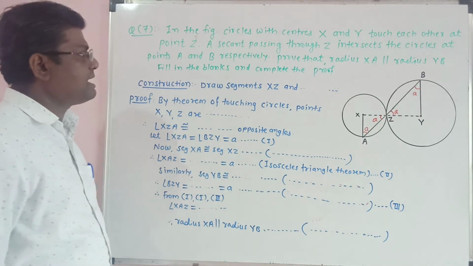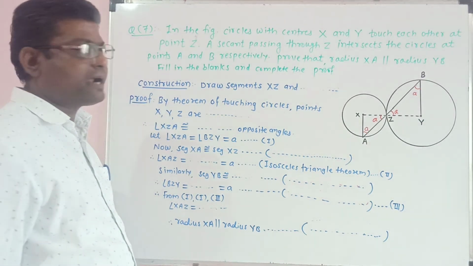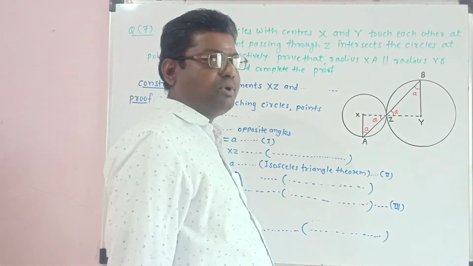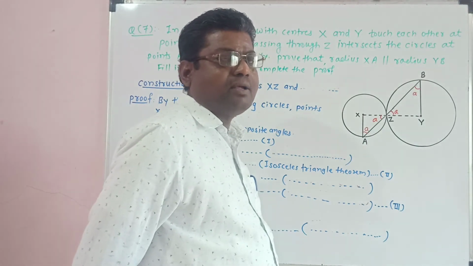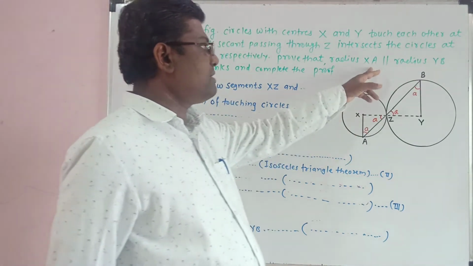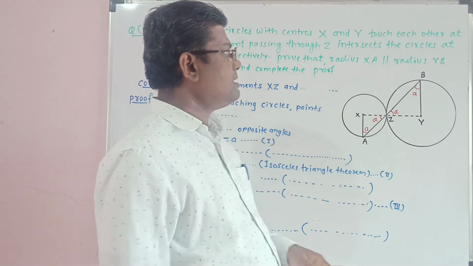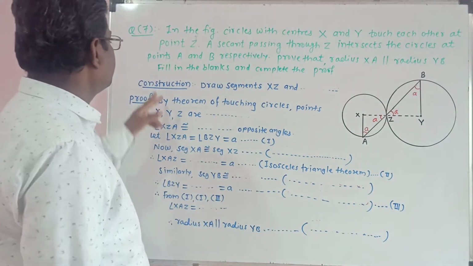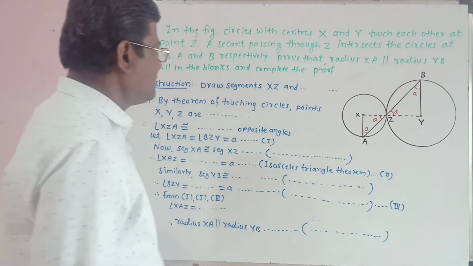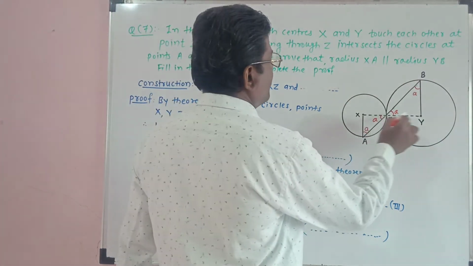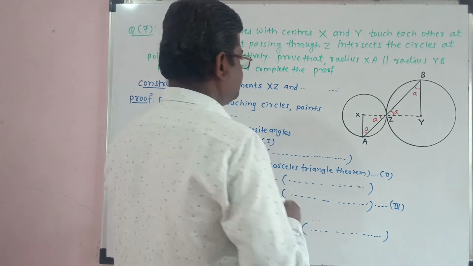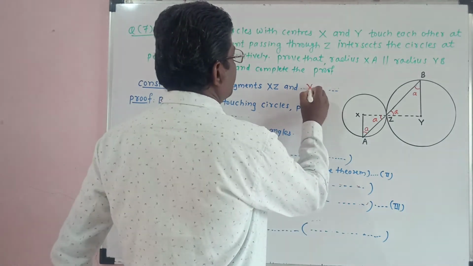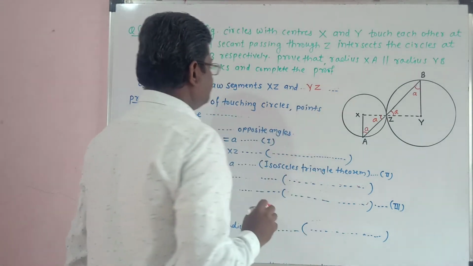Fill in the blanks and complete the proof. Here one activity is given to you and we have to complete this activity to prove radius XA parallel radius YB. Construction: draw segments XZ and YZ.